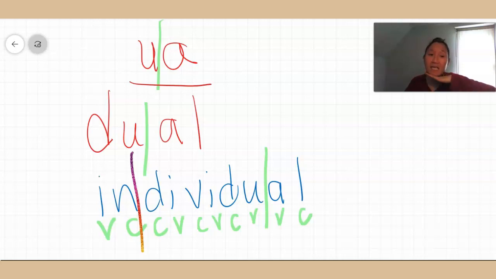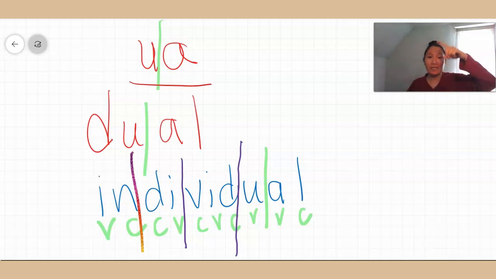In, di, vid, vid. So the U can grab the D in this. Individu, the U can stand by itself, so we can break it here. In, di, vid, u, al.